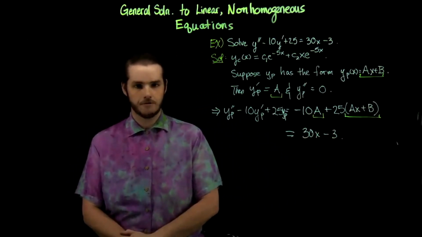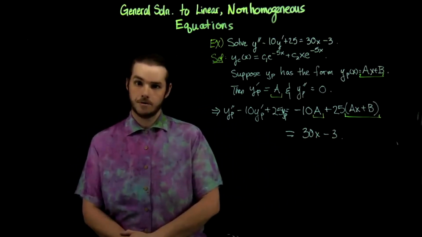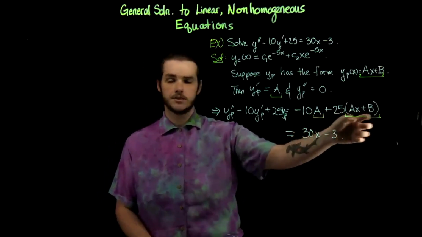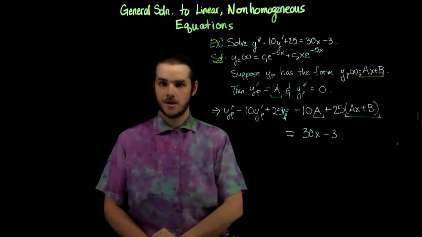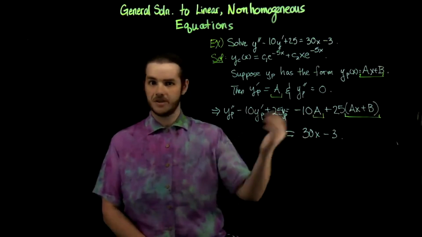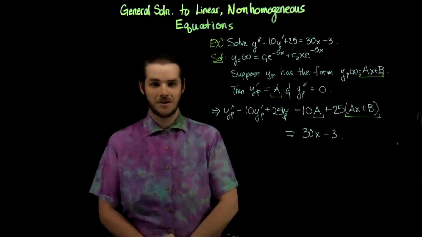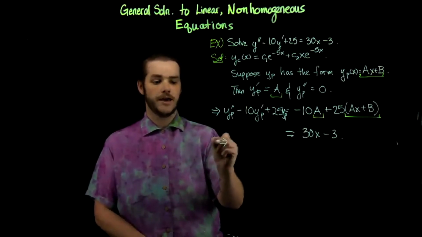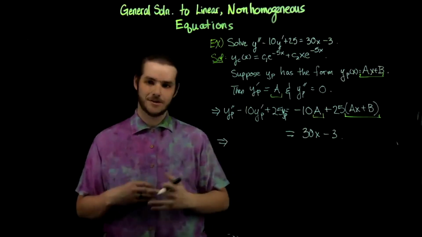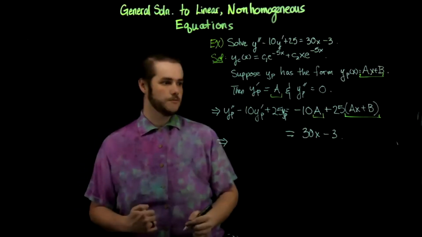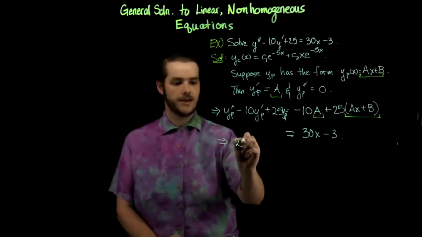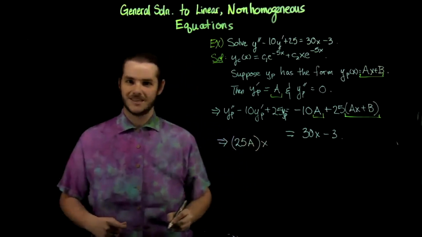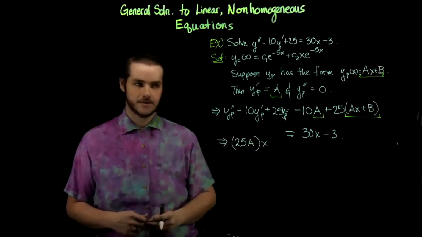How do I determine my coefficients then? Well, do you notice I have terms with x's and terms with x's? I have constant terms and constant terms. When all is said and done, if yp is a solution, those had better match. So let's clean up this equation first of all by grouping up all of my terms with x's. I have a 25a, and I'm going to write it this way so that it's easier to see in just a second, 25a times x.